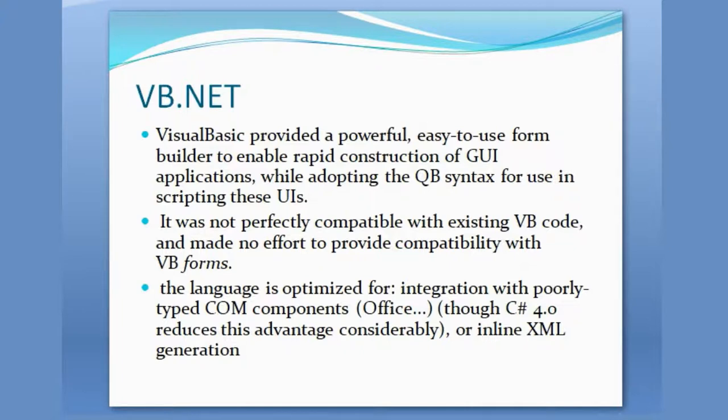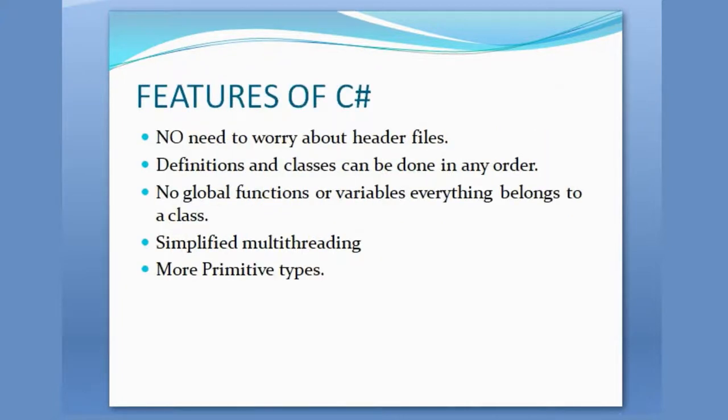Next, we move on to study what is C Sharp, what are its features and its advantage over VB.NET. So C Sharp is basically a modern, simple, object-oriented language derived from C++ and Java. It is a part of Visual Studio.NET.